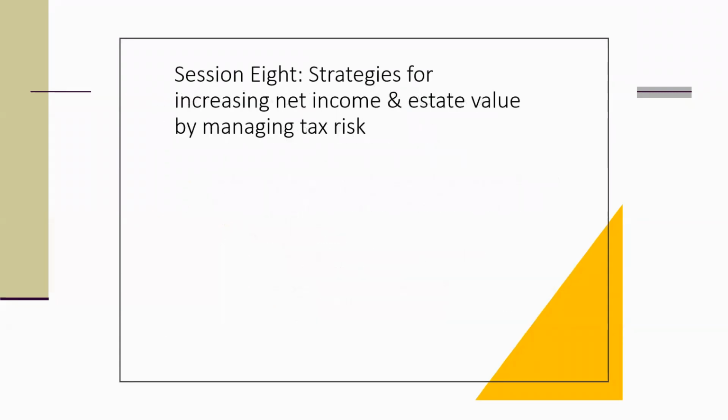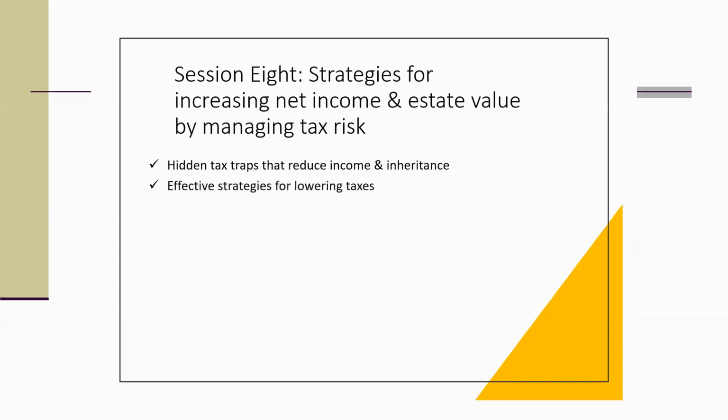And then in session 8, we're going to conclude our boot camp with a discussion of strategies to increase net income as well as estate value by managing tax risk. We're going to look at hidden tax traps that could potentially reduce your income as well as your inheritance value. And then we're going to look at some effective strategies to lower taxes in the future.